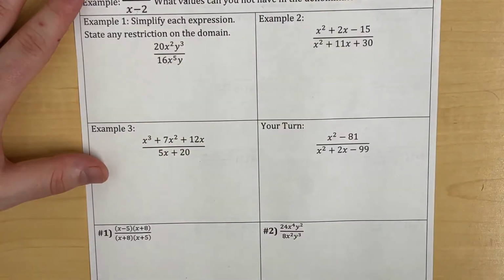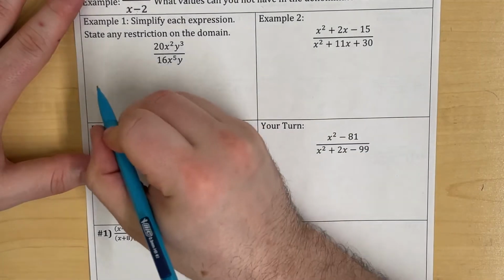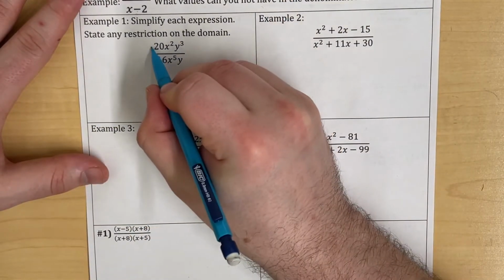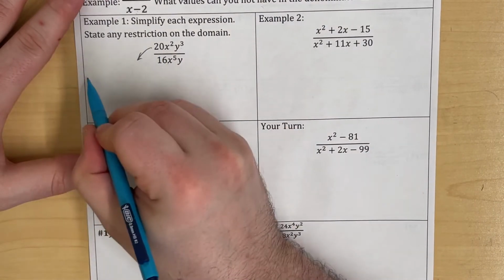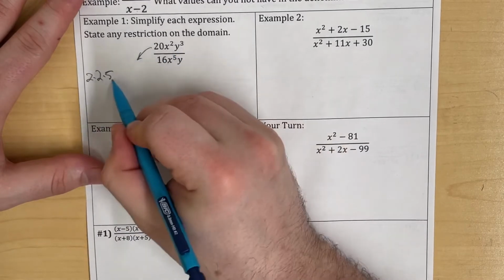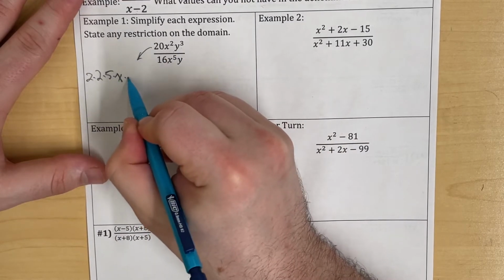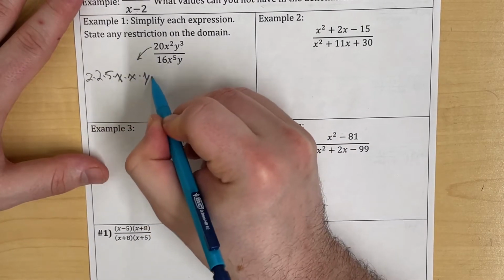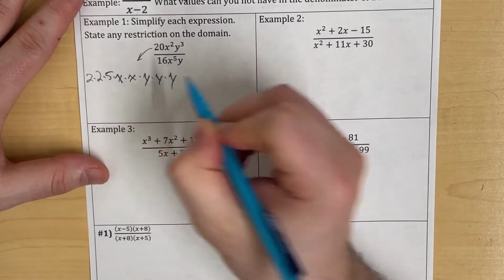And so what I can do is this, I can break it apart if I need to. I can break it apart and have that prime factorization. So if I needed to, I can break apart my numerator. So I could say I have 2 times 2 times 5. I have 2 x's, so times x, and then I have 3 y's.